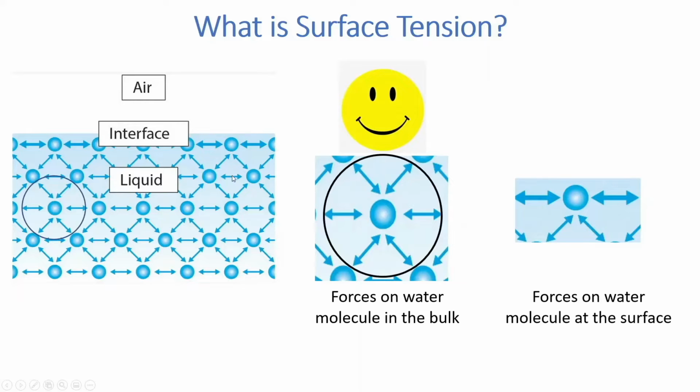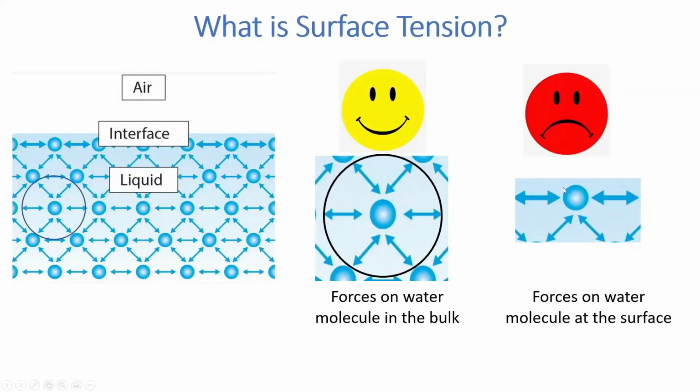So the surface is always pulling inwards. Now this difference in force packs the water molecules at the surface closer together than they are inside the liquid, which causes a net force inward towards the liquid. Now this force resists the breakage of the surface and it is called surface tension.